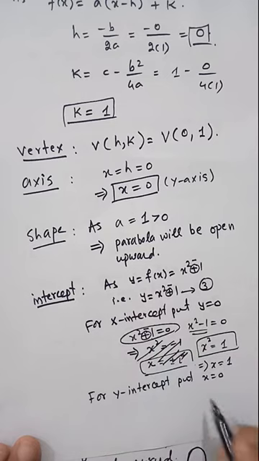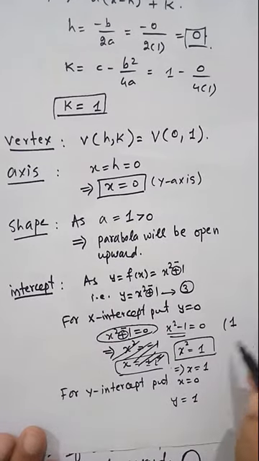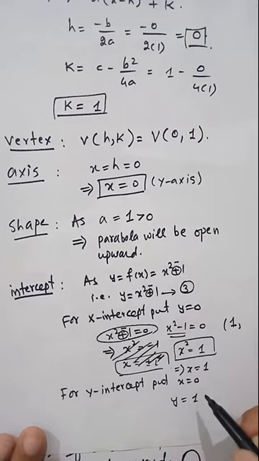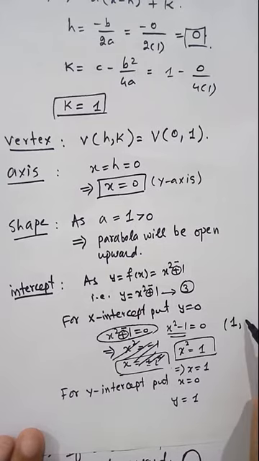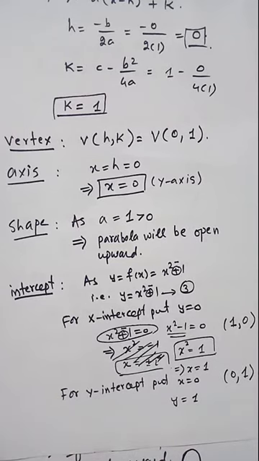So when x is equal to 0, y is equal to 1. So here x is equal to 1, y is equal to 0, and here 0, 1. So these are the 2 points.